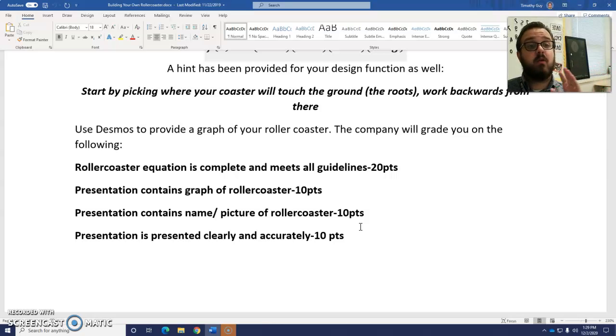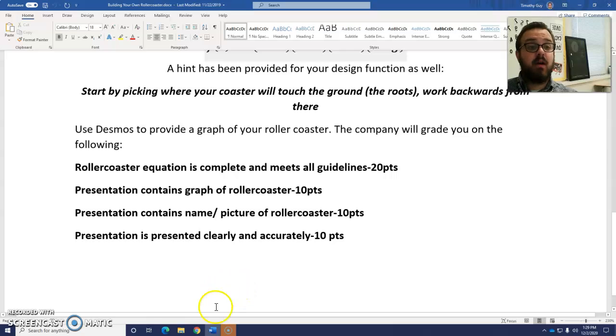I then went to figure out what my drop height would be, and I did that because of X, Y, and Z. And then I did this with my function to figure out what that A value would be to give me that, and so on and so forth. Okay, and talk about multiplicity, talk about end behavior, all the different things that we've talked about in class, and how you can use those ideas to help you with coming up with your roller coaster design.